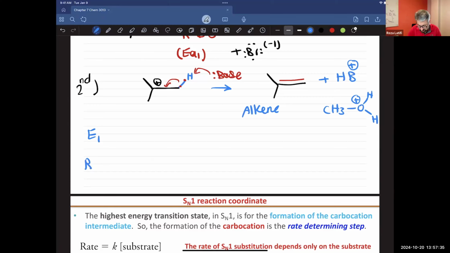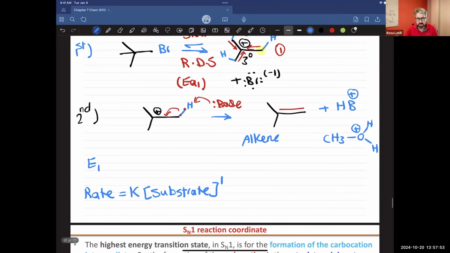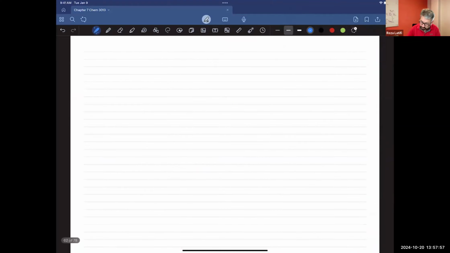And the rate of the reaction is going to be equal to k multiplied by the concentration of the substrate, or the alkyl halide, to the first. This mechanism goes through only 2 steps. Okay, let me draw it for you.